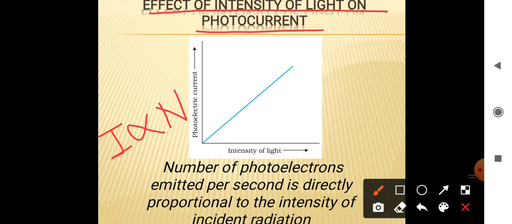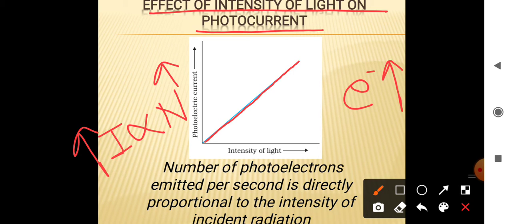As we increase the intensity, the number of photons also increases, due to which the number of electrons also increases. Due to the increase in the number of electrons, the photoelectric current increases. So we see that with increase in intensity, the photoelectric current increases linearly. And it is written that the number of photoelectrons emitted per second is directly proportional to intensity. Greater the intensity, greater will be the number of photons emitted per second.